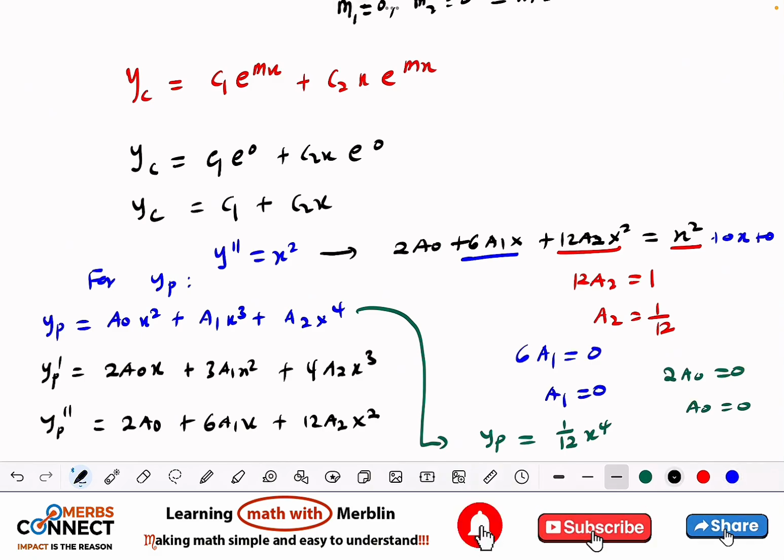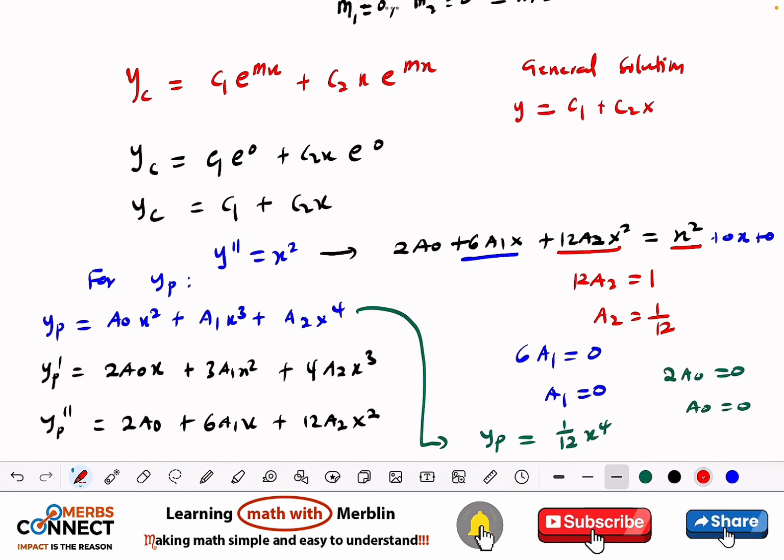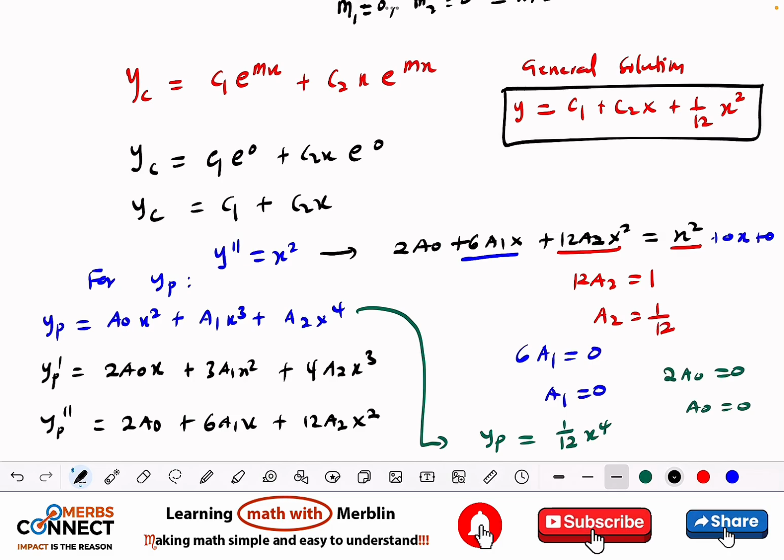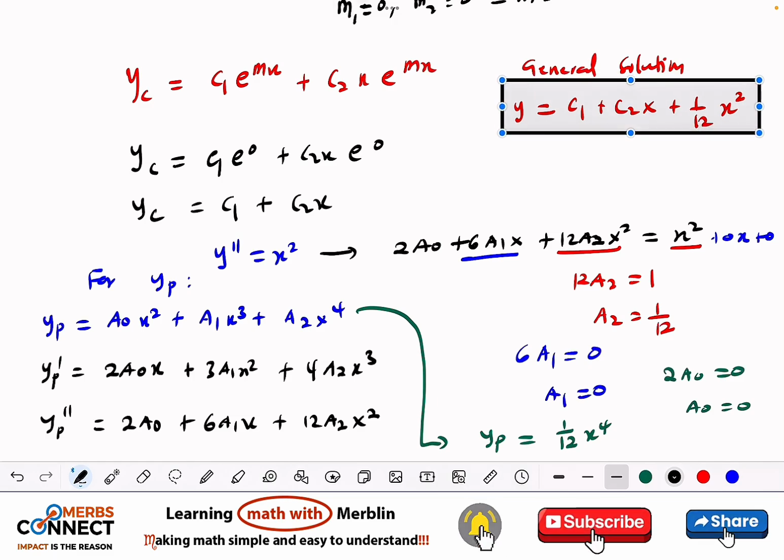So it means that our general solution is going to be y, which is equal to c1 plus c2x plus 1 over 12 x to the power 4. So this is our general solution that we are going to get from here.